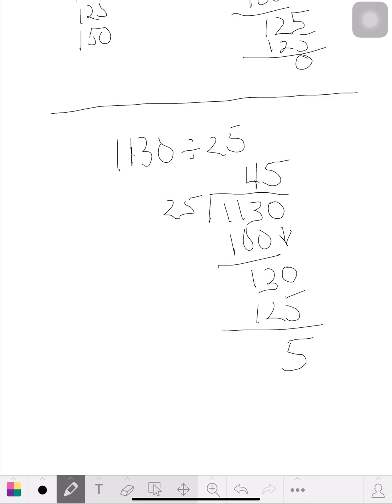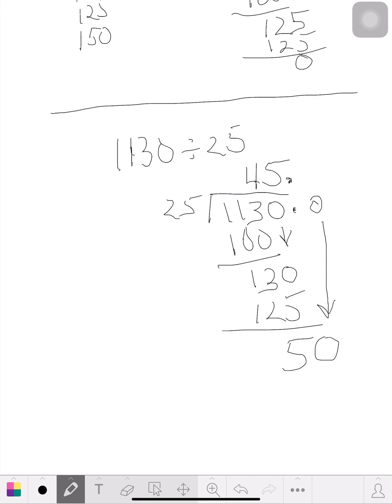But if you look up above, we don't have any more zeros to carry down or any more numbers. So what we do now is we put a decimal point, okay? If we put a decimal point right above there, we got to put another decimal point, okay? And do it right away so you don't forget, because it's easy to forget. So if you put one decimal point in, put the second one. And now we can put a 0 there, okay? We can carry that 0 down, okay?